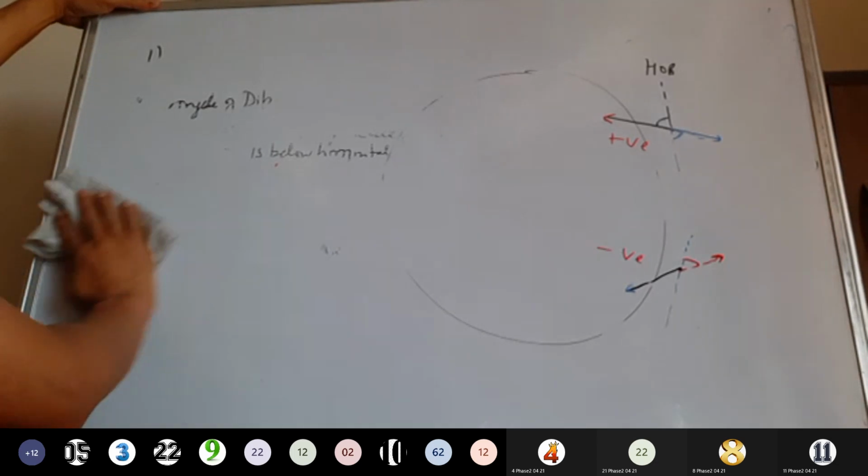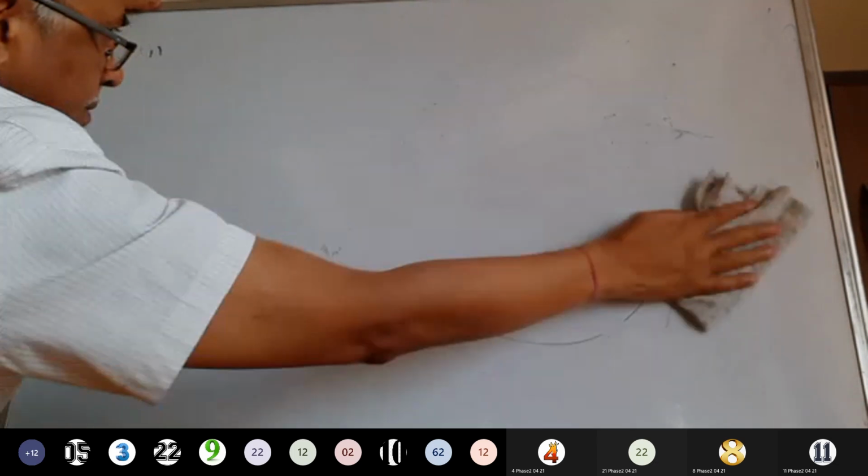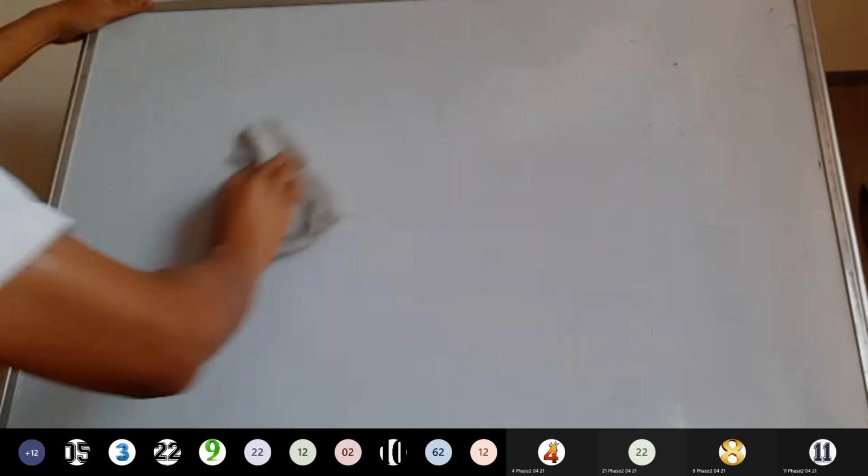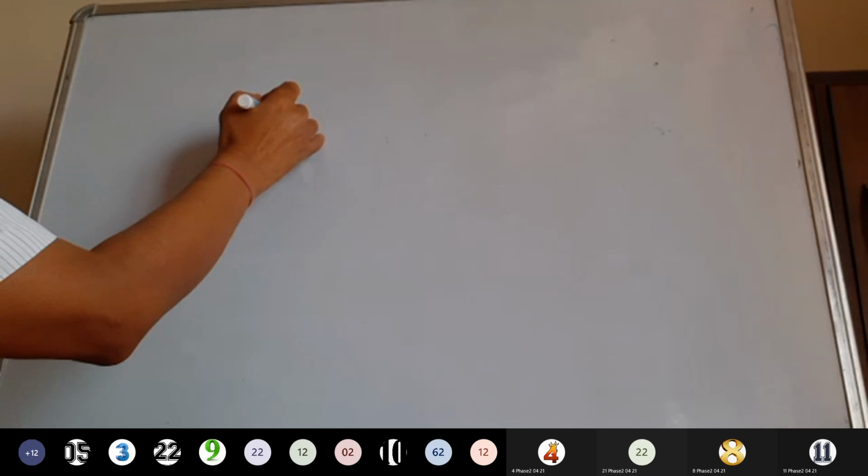There is one diagram which is good for showing both things in one diagram. Let me try to make that.